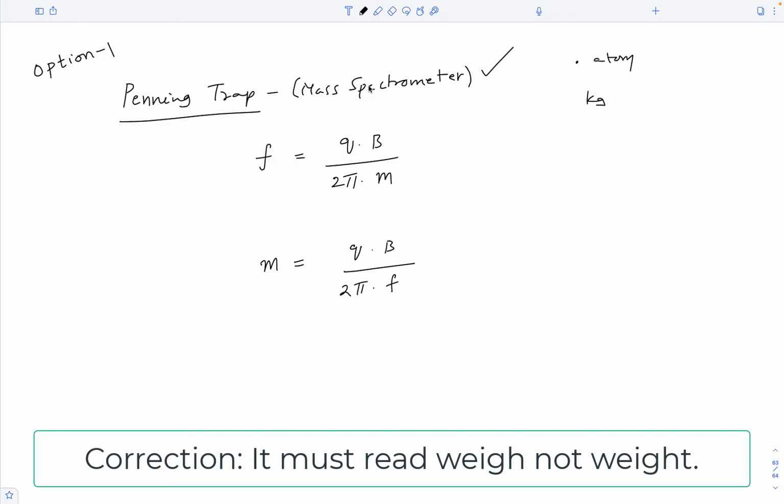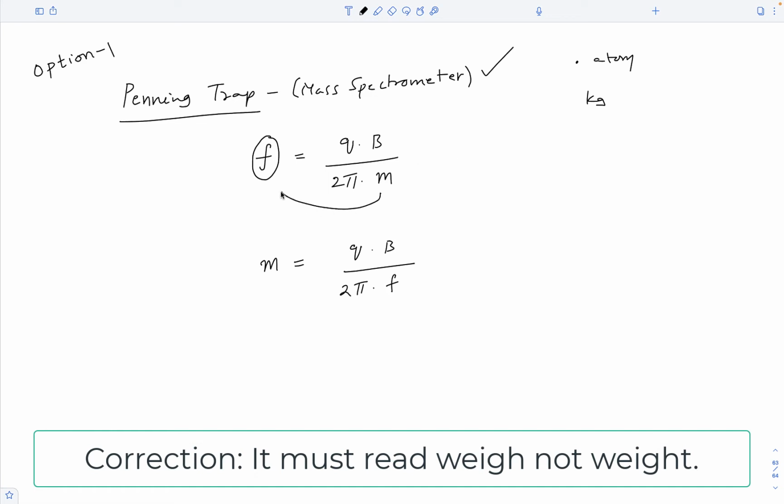In a Penning trap mass spectrometer, we measure the rotational frequency of the ion. The rotational frequency of the ion, charge on the ion, mass of the ion, and the strength of the magnetic field are related by this equation, and you don't have to memorize any of this. Just follow the argument.